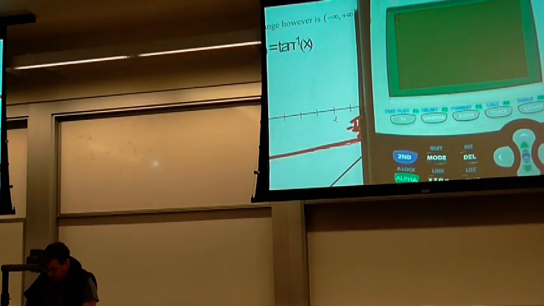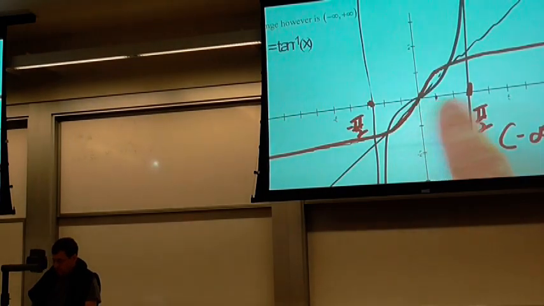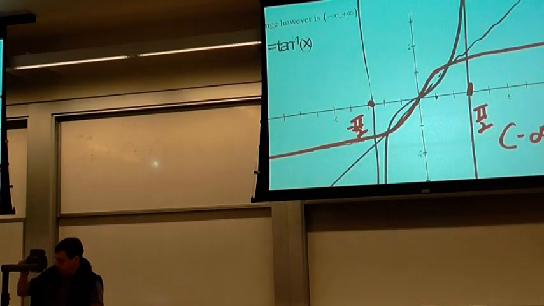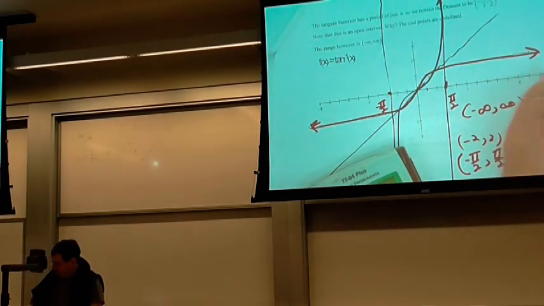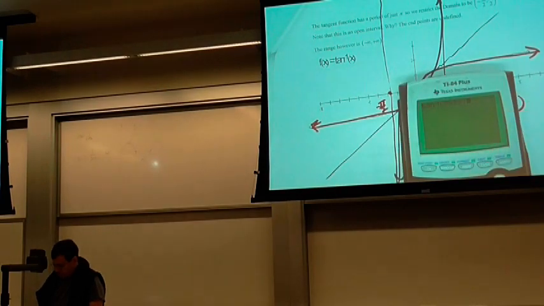If I say the inverse tangent function, let's put in some big number. What do we expect this to be? As I pick a big number way out here, it's going to get closer and closer to pi over 2. And that's exactly what you see here.